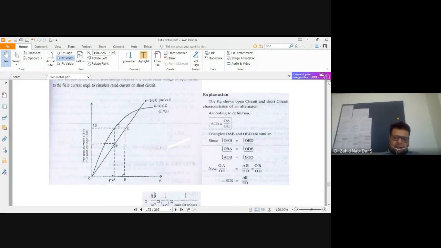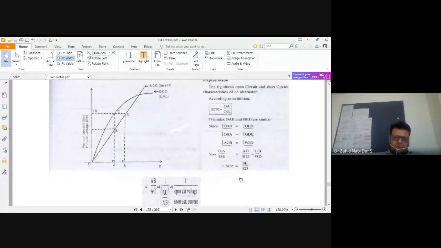Again, the ratio of the sides of these two triangles OBA and ODE: this side is OB, this side is OD. So this ratio will remain the same, so OB by ED is equal to OB by OD.